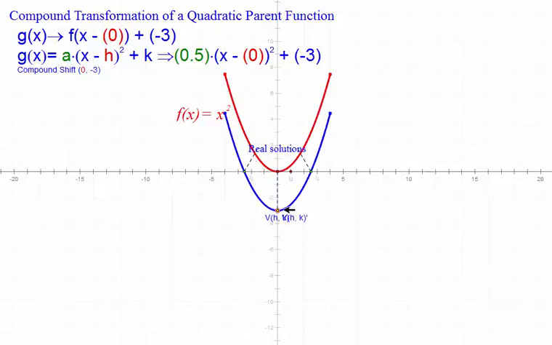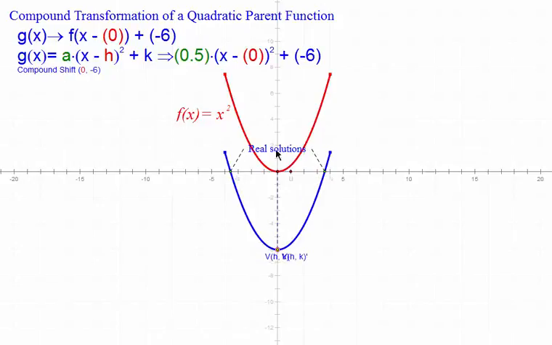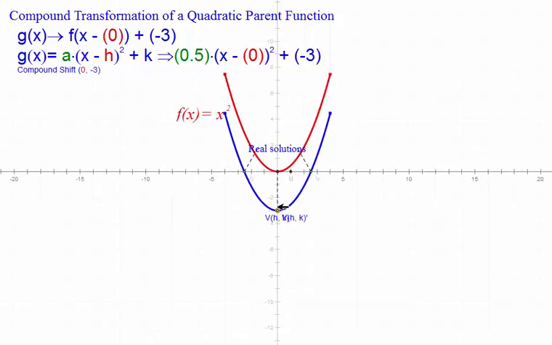If I take it to this side, you can see it is 6 units down. So when the k value, not inside the parentheses but outside, is negative, that means it goes down. If this value is positive, then it moves up.